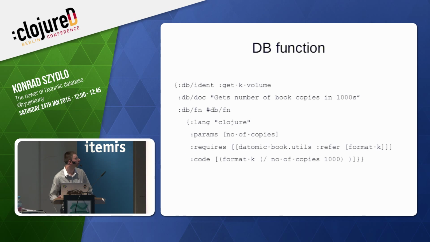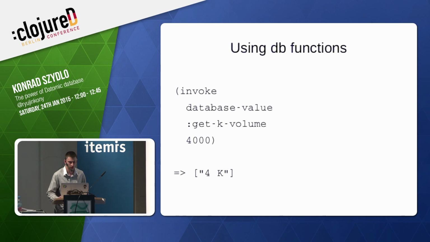So in this example, we've got a getKVolume function that gets us the number of books in thousands. It's a Clojure function that takes number of copies as its parameter. I'm reusing the formatK function from some namespace, and all it does is call this formatK function with the result of dividing number of copies by thousands.